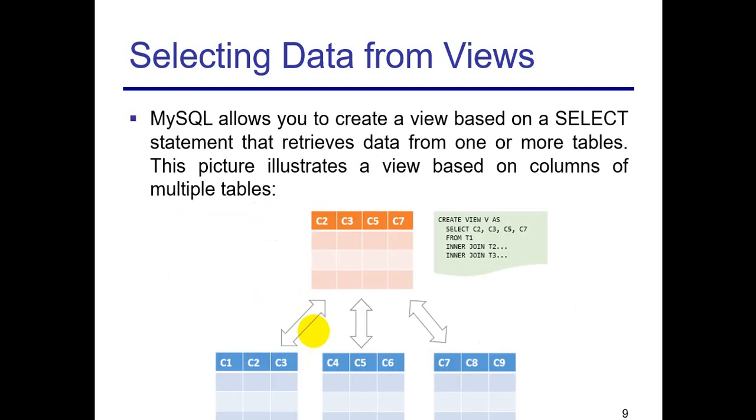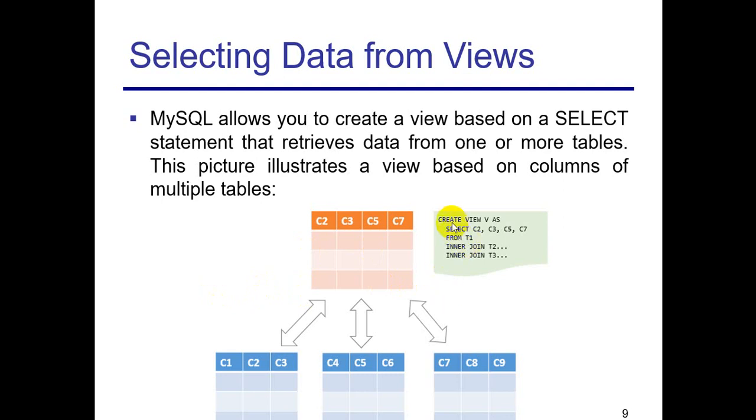Here you will better understand how we select data from views. MySQL allows you to create a view based on a SELECT statement that retrieves data from one or more tables. This picture illustrates how views work, or how we select the columns from multiple tables.